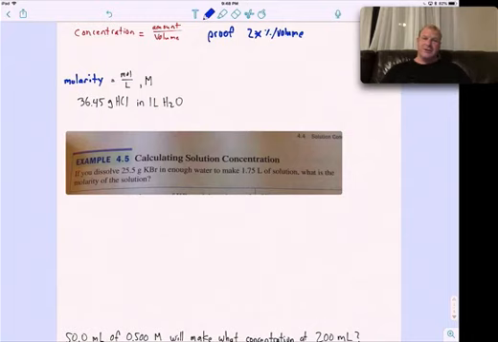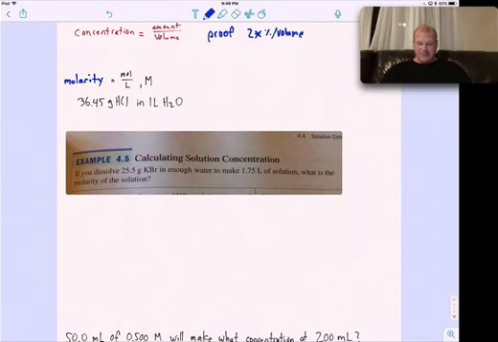We use the term molarity, and molarity means moles per liter. So for instance, 36.45 grams of hydrochloric acid is 1 mole of hydrochloric acid. You dissolve that into a final volume of 1 liter of water. That means it's a 1 mole per liter hydrochloric acid in water.